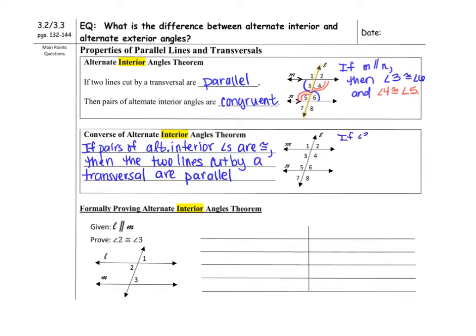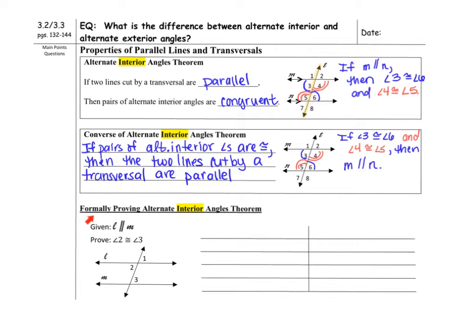If angle 3 is congruent to angle 6, and angle 4 is congruent to angle 5, then M is parallel to N.